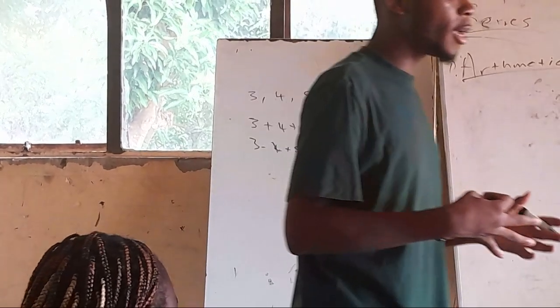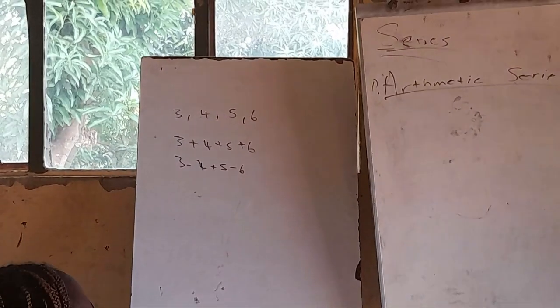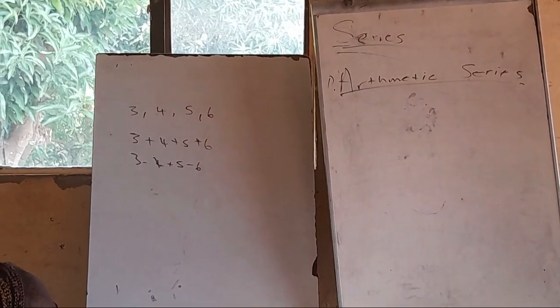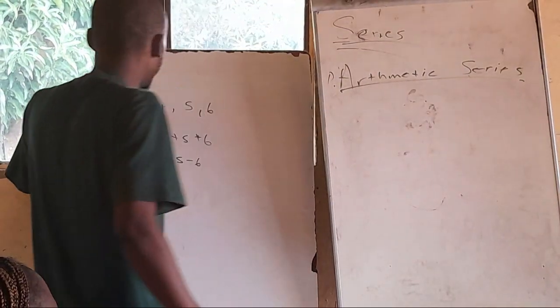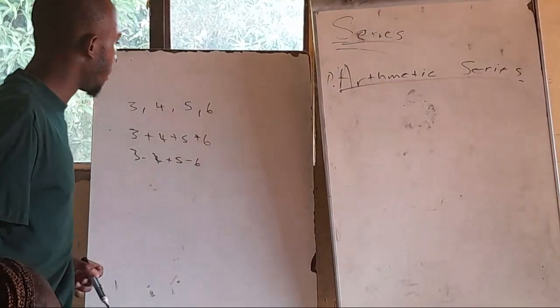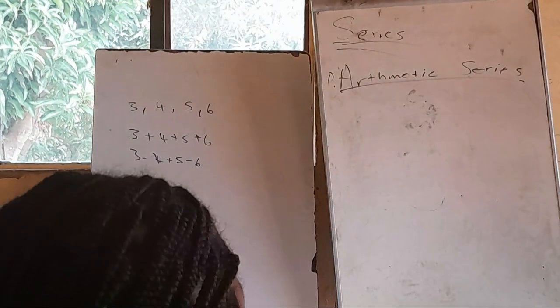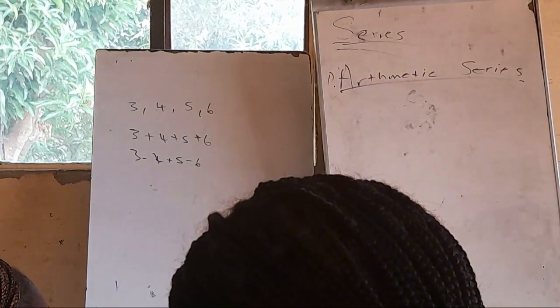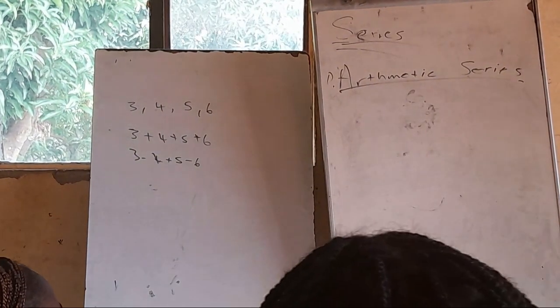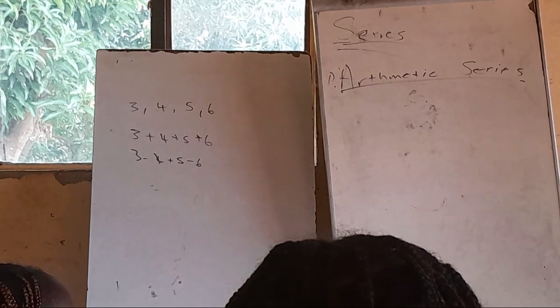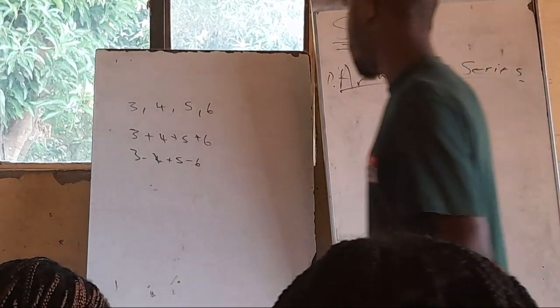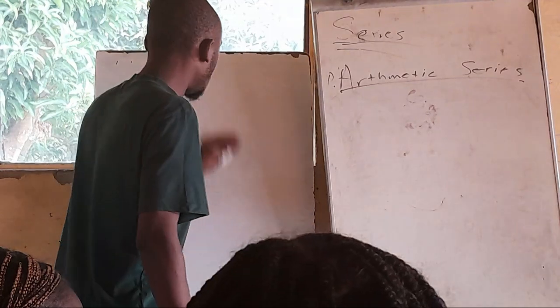In a series, terms are being added together. That's the difference between a sequence and a series. Let's go to arithmetic series.